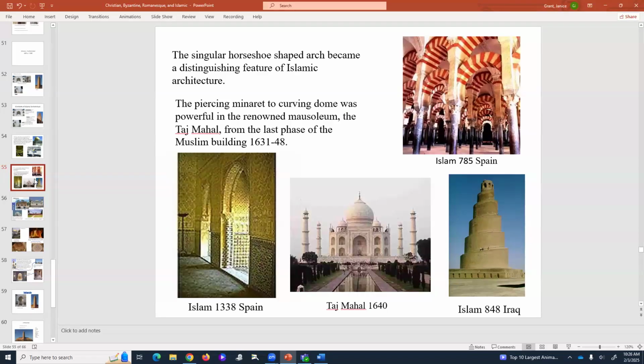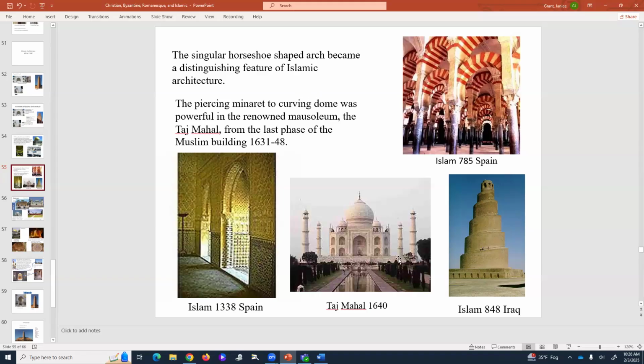So we talked about the horseshoe shaped arch, and here are other examples of it. A lot of times the arch had these multiple colored, red and white repetitive themes.